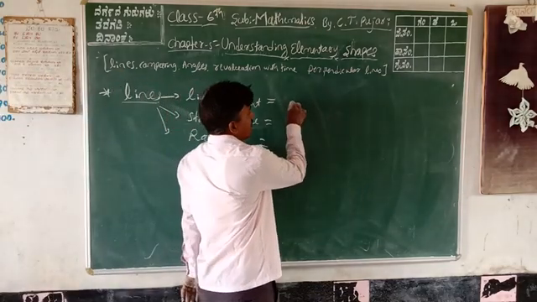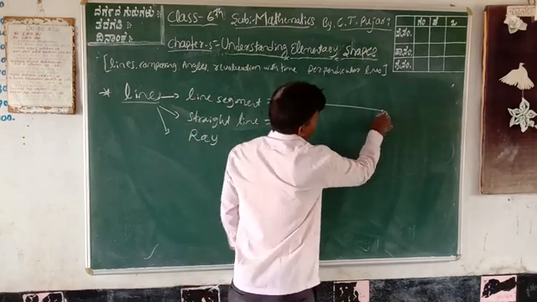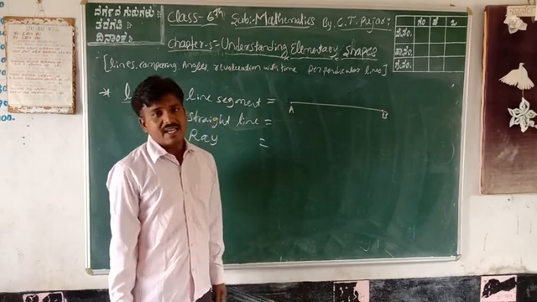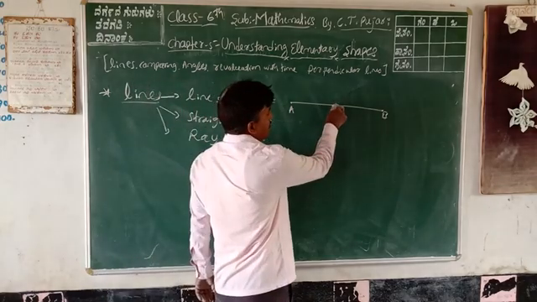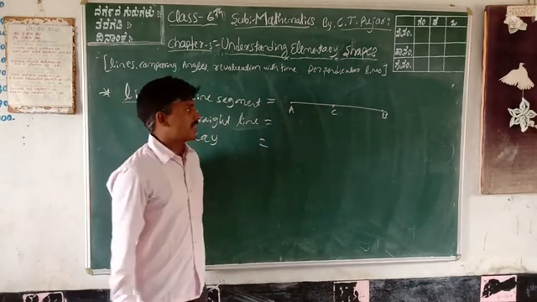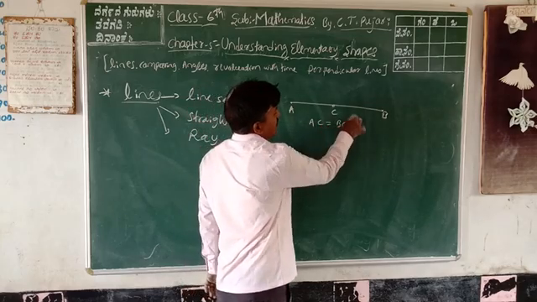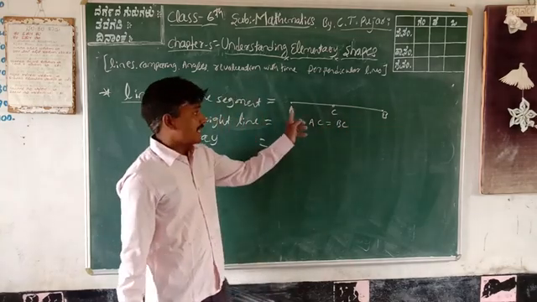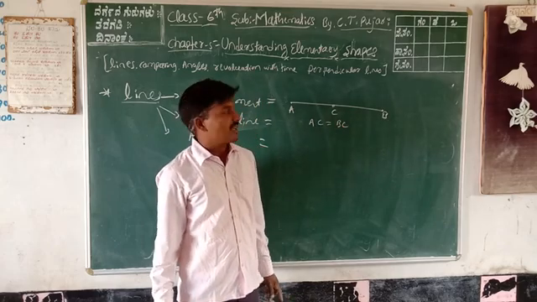Consider AB is a line segment. In AB, the midpoint is C. When C is the midpoint, AC is equal to BC, because in line AB, C is the midpoint of AB.